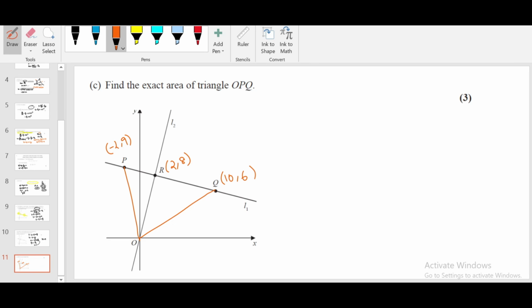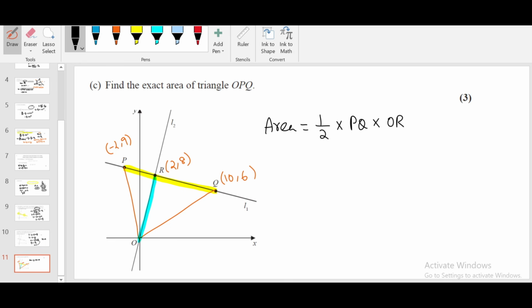So what we can do, we can treat this line as the base, and then this as the height. So half base times height. So the area is basically half, base is PQ times height is OR.